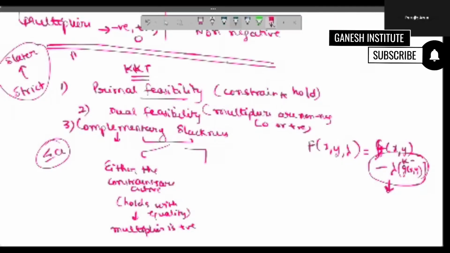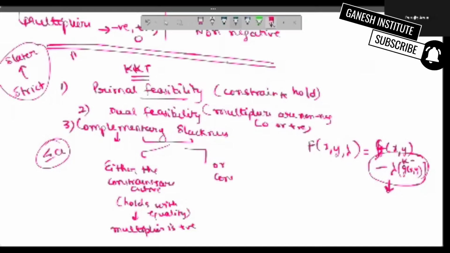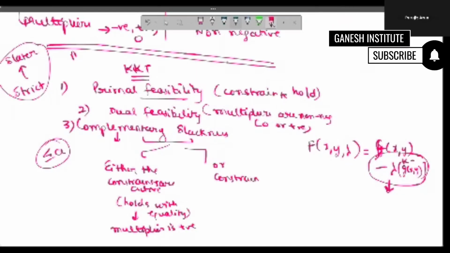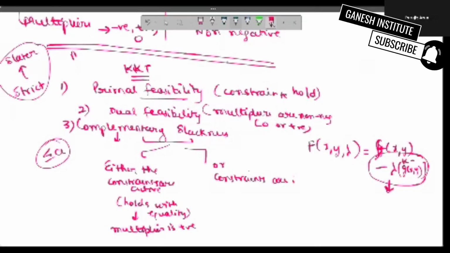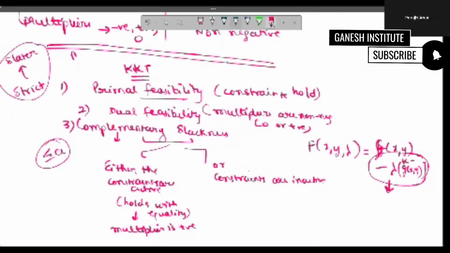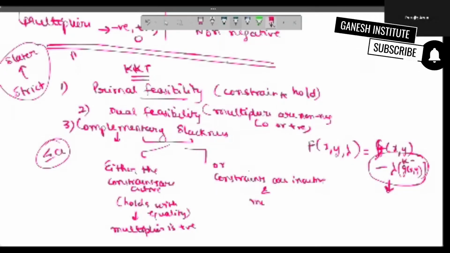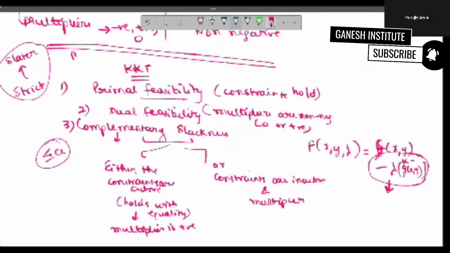Or constraints are inactive, and I'll explain it with an example, and the multiplier will be 0.